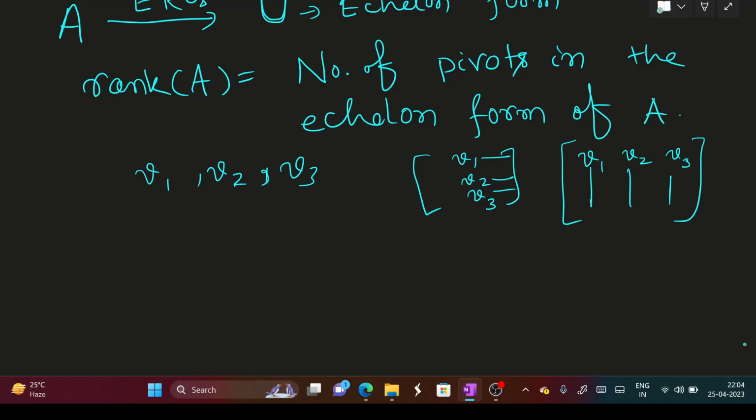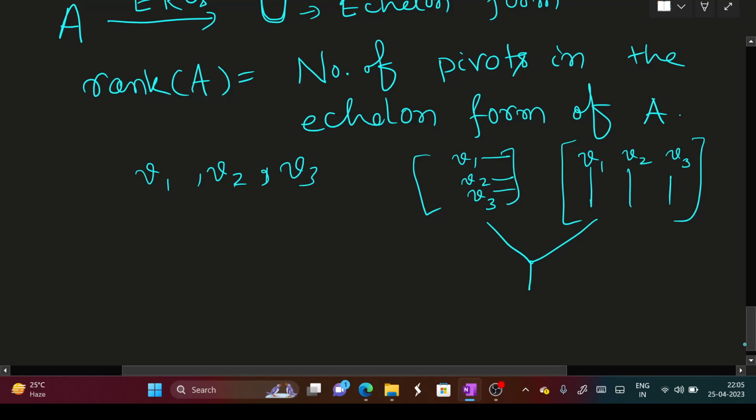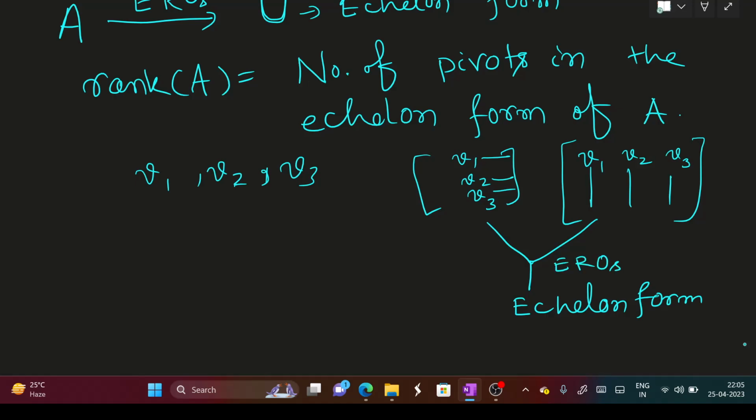I'll write the given vectors as rows or columns of a matrix. Then I will convert this matrix to its echelon form.